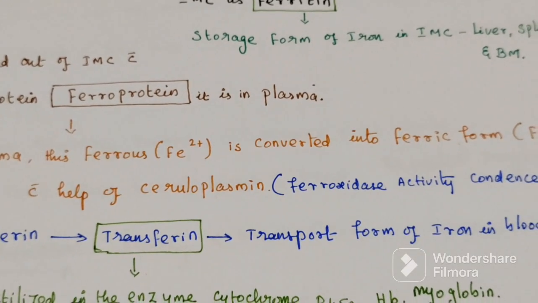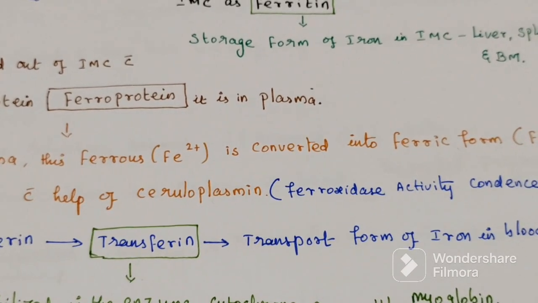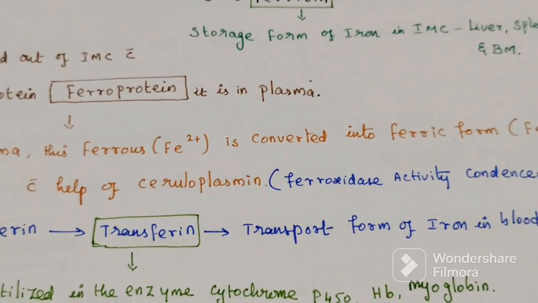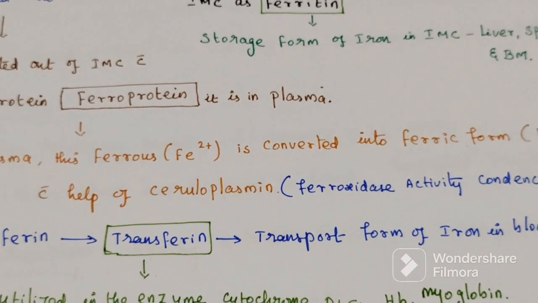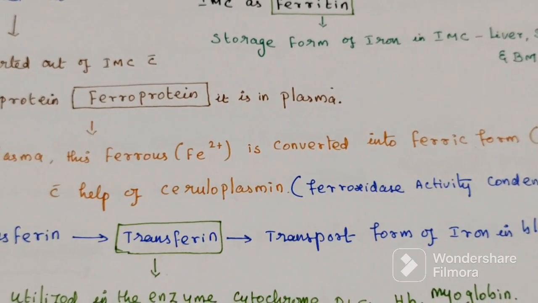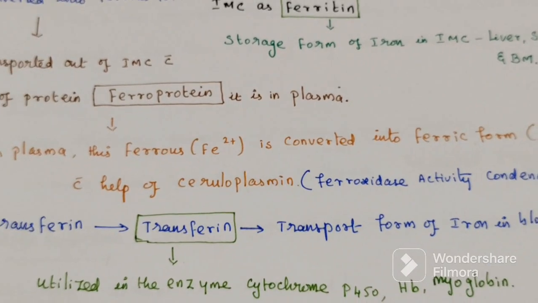This ceruloplasmin has ferroxidase activity. Now this combines with apotransferrin and is converted into transferrin. So this is the transport form of iron in the blood and plasma.